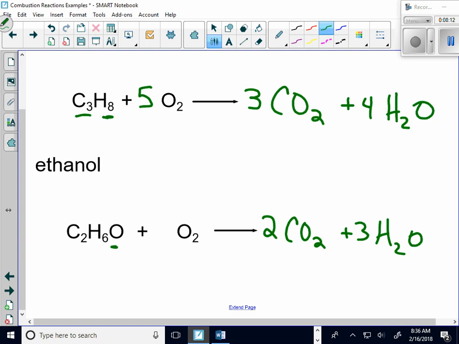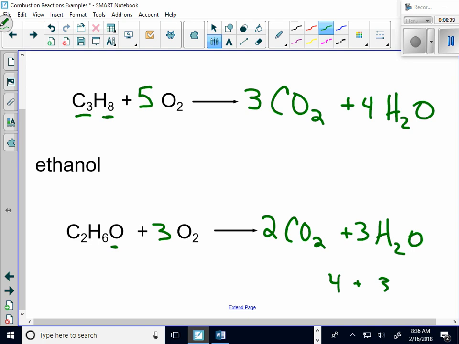Now, it'd be really, really nice if I could balance this up. And I can see that over here, I have 3 and 4, right? I have 7 oxygens. That's pretty easy, isn't it? That should be balanced, right?